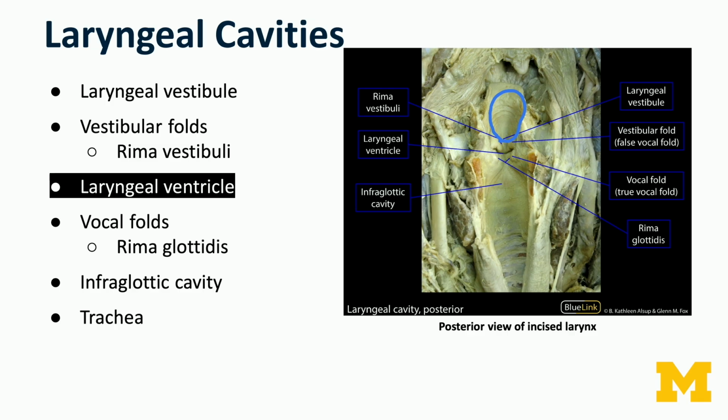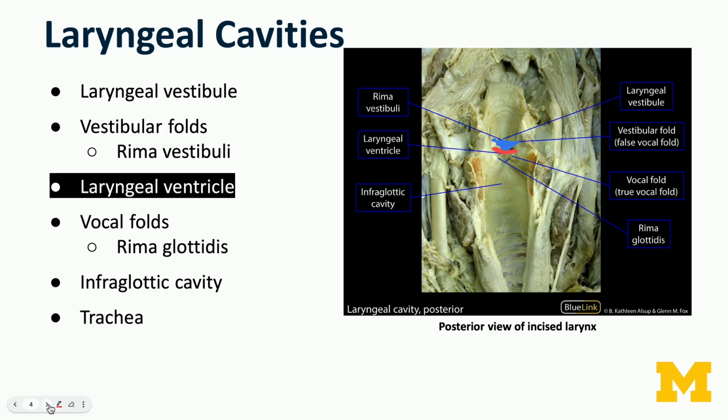So that's going to be on the anterior portion of the laryngeal inlet, all of that space. Then as we move down between the vestibular folds, we have the space between, which is the rima vestibuli. Below the rima vestibuli, we have the laryngeal ventricle.